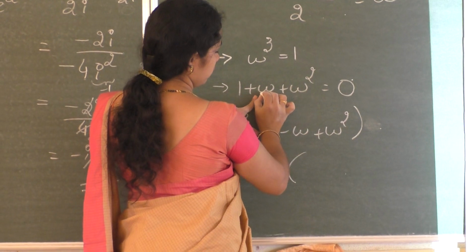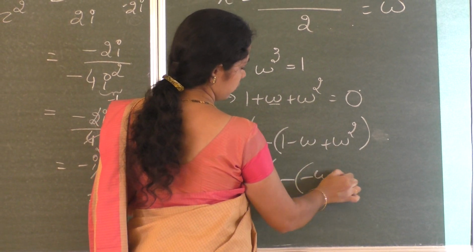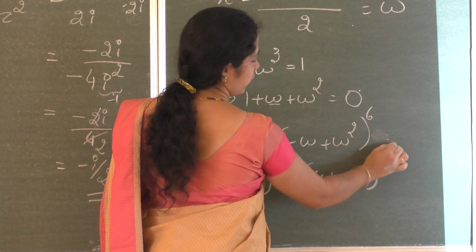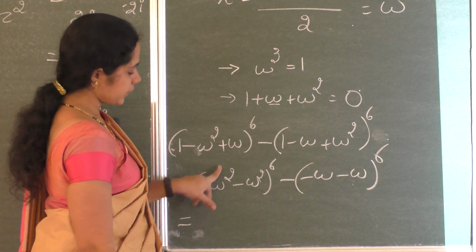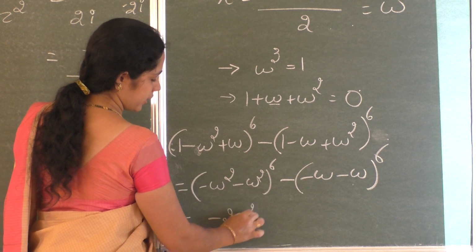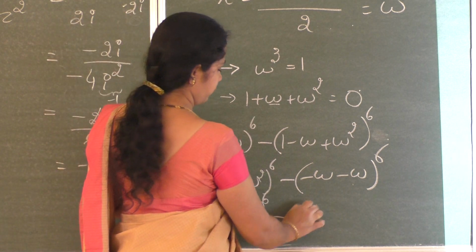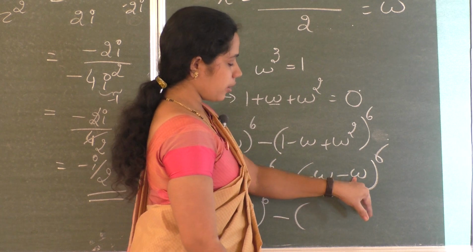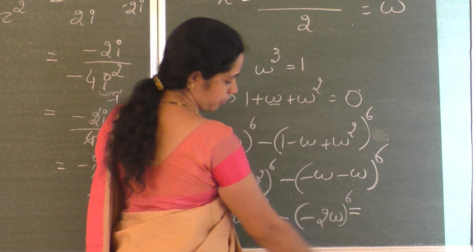You can take this one to the other side, so it is minus omega, to the power 6. Now minus 2 omega square to the power 6 minus, minus 2 omega to the power 6.